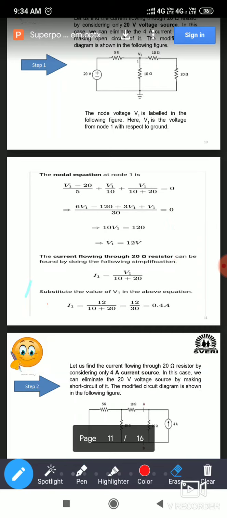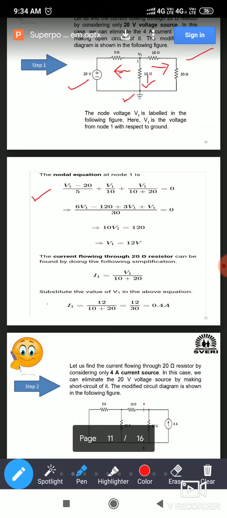Here this is an outgoing current, this is an outgoing current, and this is an outgoing current. So these three are the outgoing currents, and outgoing currents we assume as positive. Assume that V1 is greater than 20 volt here. Assume here V1 is greater than 0 and assume here V1 is greater than 0.